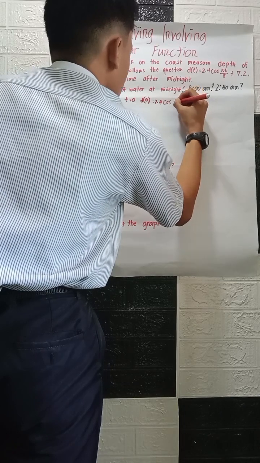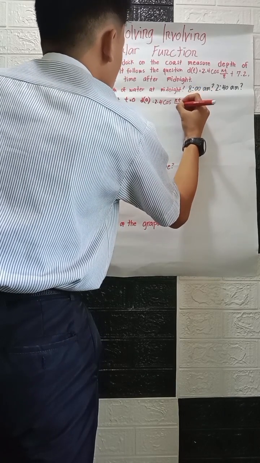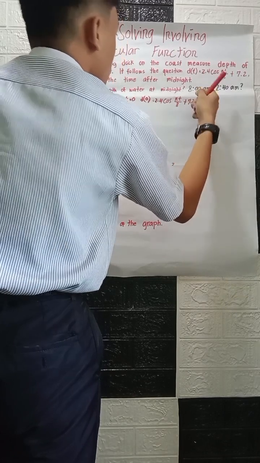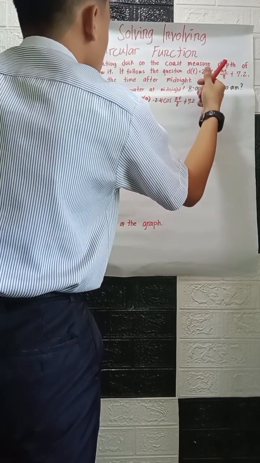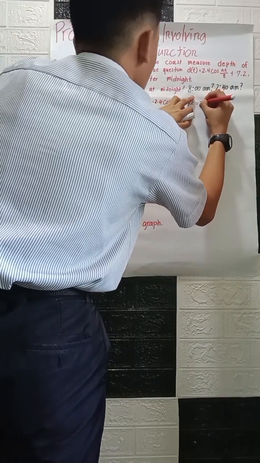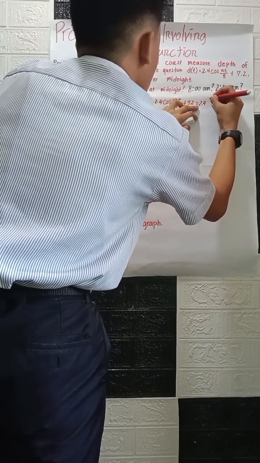Copy the equation: 2.4 cosine(pi t over 8) + 7.2.